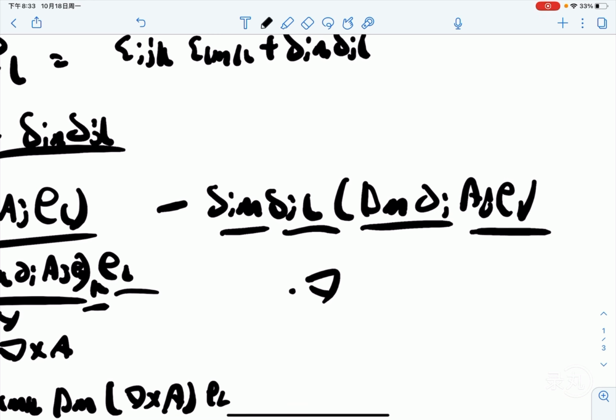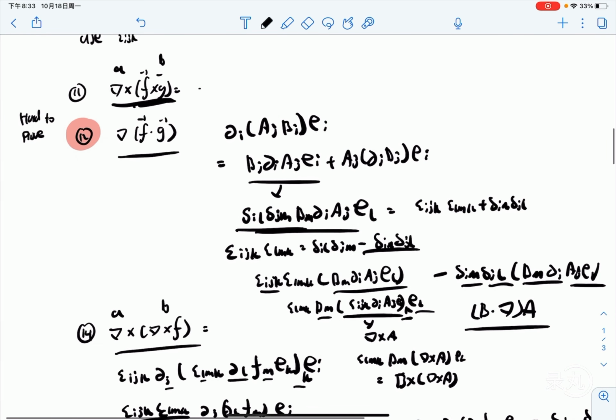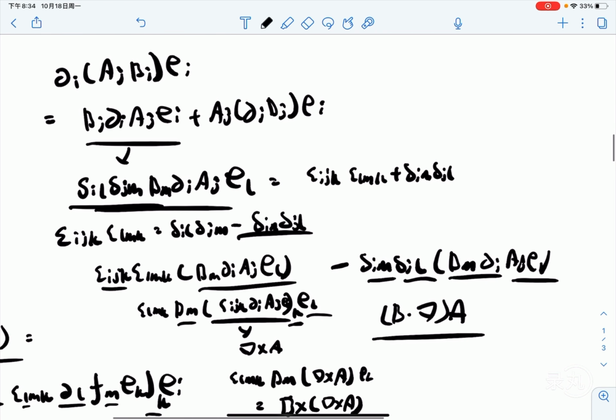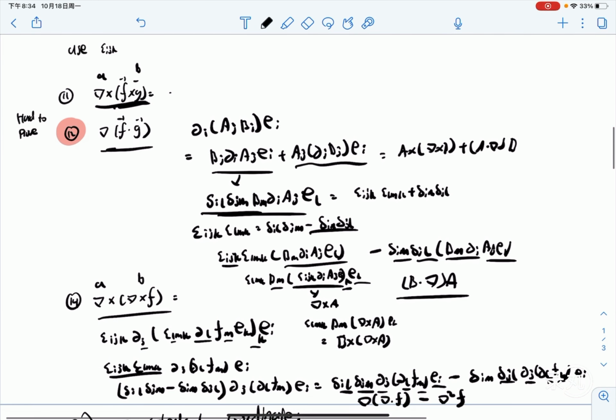This is basically this. So we can see this term is also very similar, which is equal to this. So basically, this term is equal to this plus this plus this.